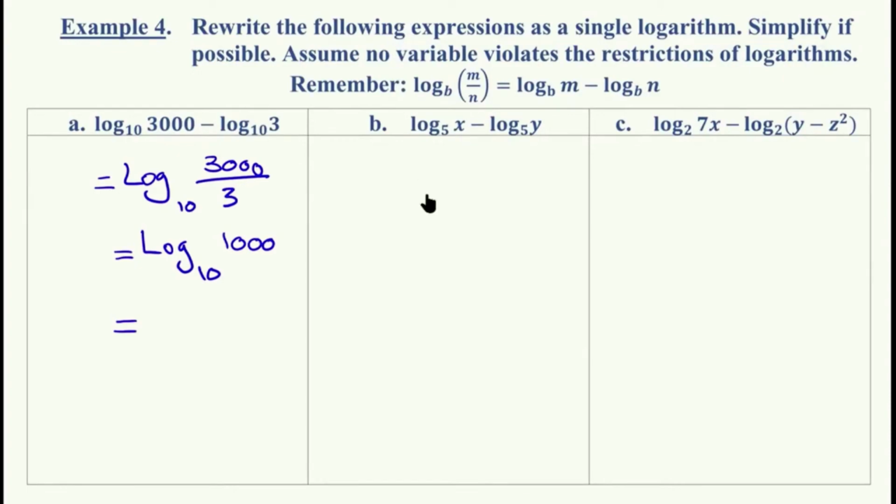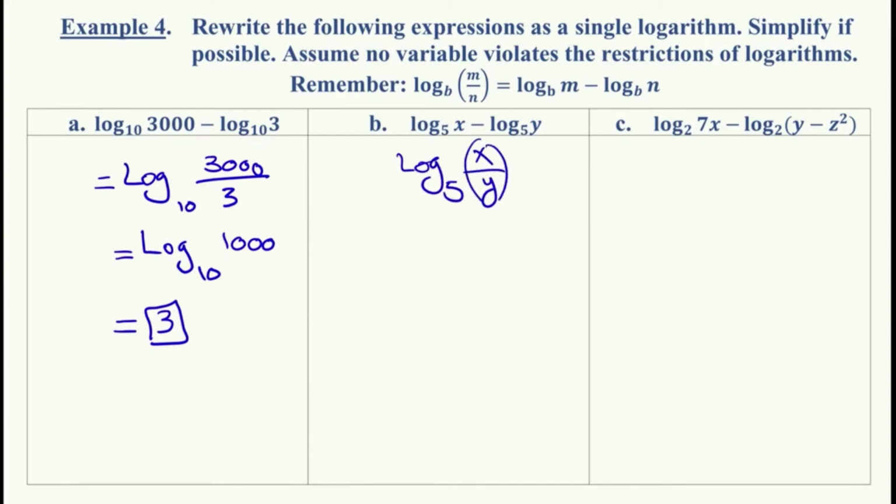All right, so we know that 10 to the power of, of course, 3 is 1,000. So the answer is 3, and that's all it is. All right, for the next one, we're just going to get log base 5 of x over y.